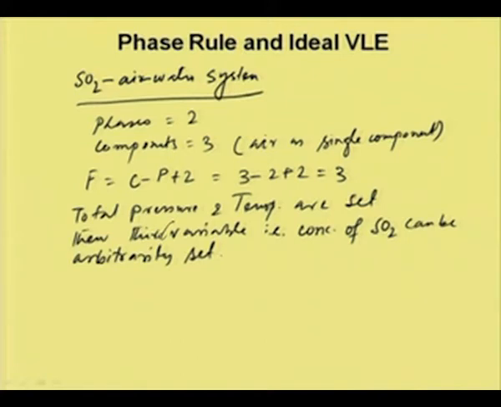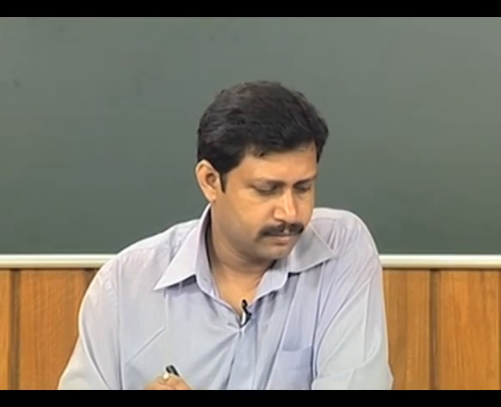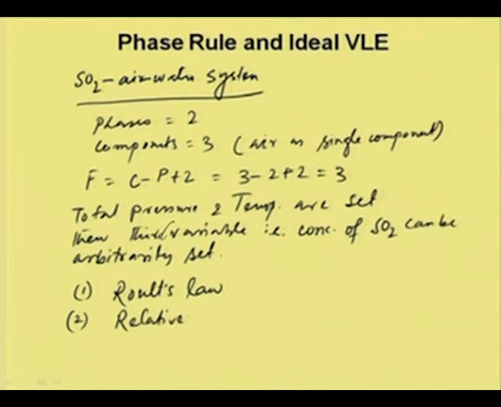This can be simplified if we consider the ideal behavior or ideal solutions. The three ways we can define or relate are: one is Raoult's law, second is relative volatility, and third is equilibrium coefficients.